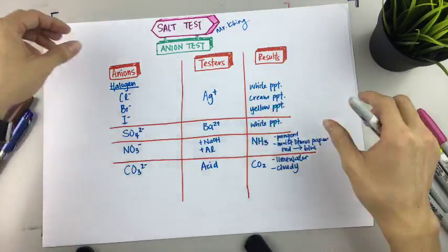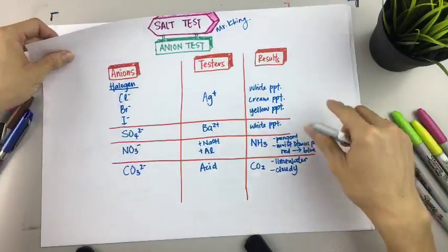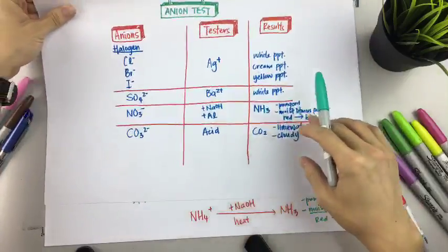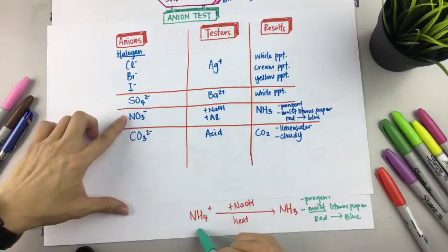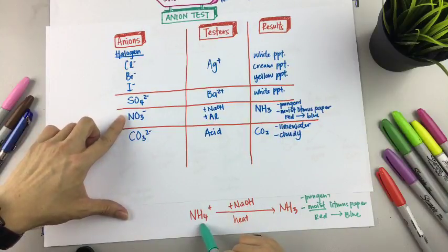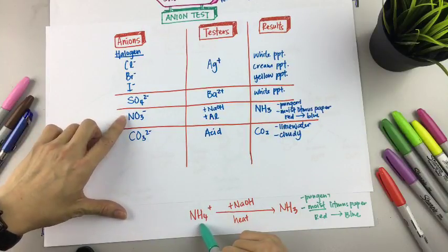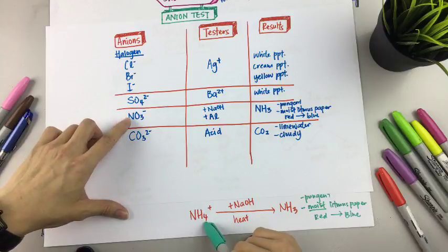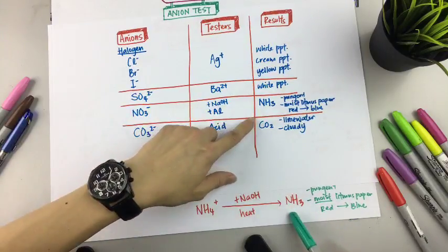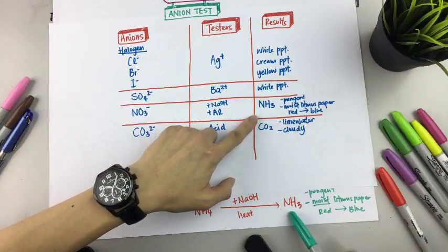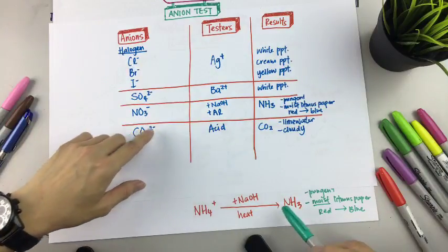One common mistake students always make is that the tests for nitrate ions and ammonium ions are quite similar. Both you test with sodium hydroxide, and both will produce the same product, which is ammonia gas. So students always mistake them.